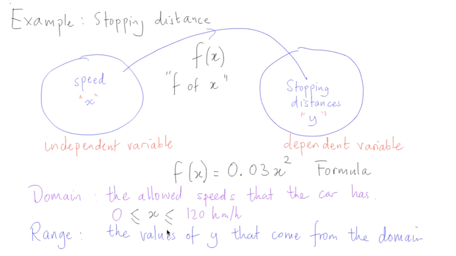So for example, the lowest stopping distance I can have is going to be 0, because 0.03 times 0 squared is 0. And if I was to put in 120 instead of x and calculate that, I would get the largest value of the range, the largest y that is allowed.